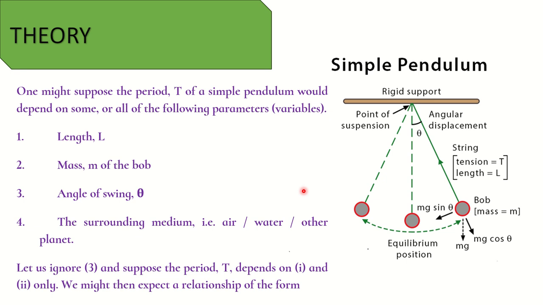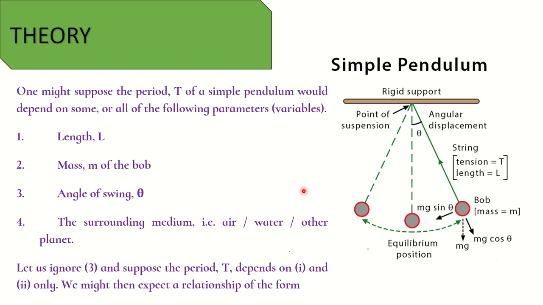Okay, so let's quickly dive into the theory behind this simple pendulum. One of the assumptions that comes to mind is that to be able to know the period of oscillation of a simple pendulum. By the way, what is period of oscillation?